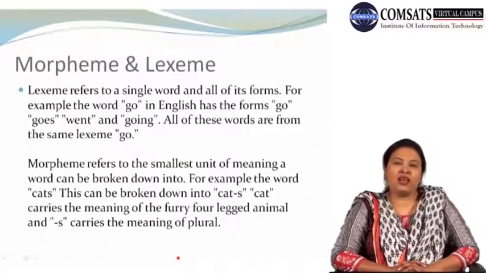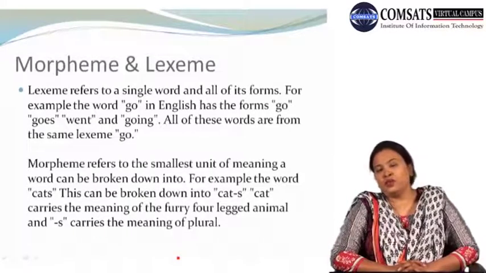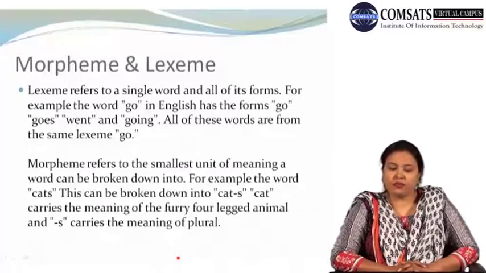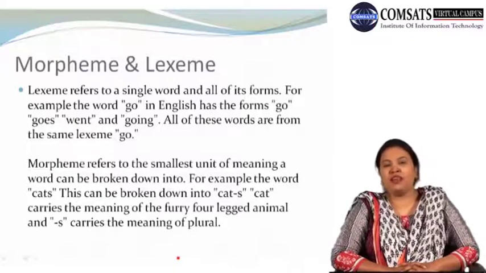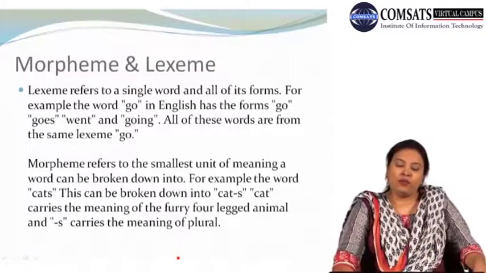At the top level we have lexeme, inside lexemes we have words, and inside words we have morphemes. Morphemes are the smallest unit of meaning a word can be broken down into. For example, the word cats. In cats there are two morphemes, cat and s, because cat is one single morpheme and s makes it a plural, a meaningful unit, so it is another morpheme.